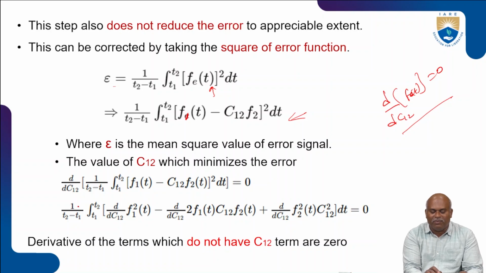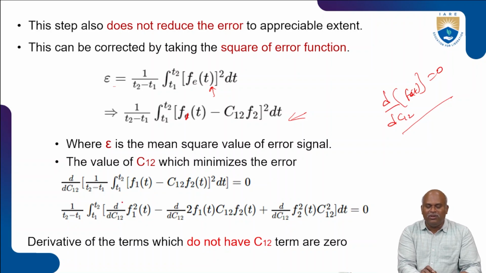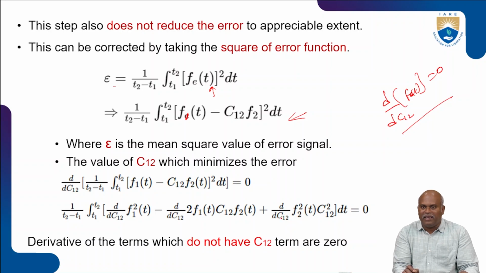Then we take out 1 by (T2 minus T1) times the integration from T1 to T2 of d by dC12 of F1 square dt, minus d by dC12 of 2 times F1 of t C12 F2 of t, plus d by dC12 of F2 square of t C12 square dt, is equal to 0.